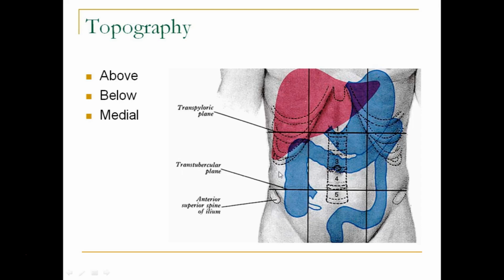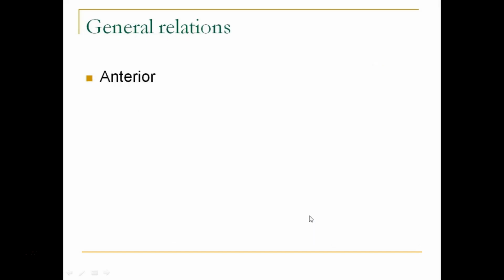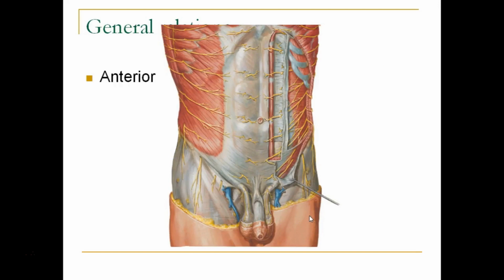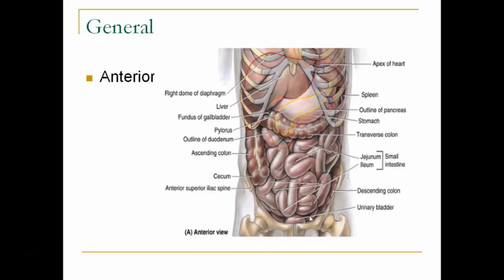Now, relating with some structures, the general relations: anteriorly we have the anterior abdominal wall first, then the greater omentum covering this, and then, in an empty cecum, coils of small intestine, that is ileum.